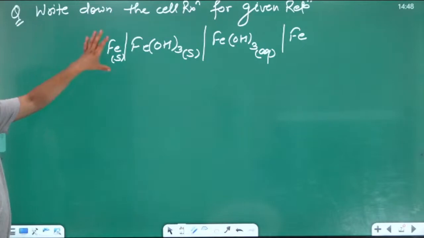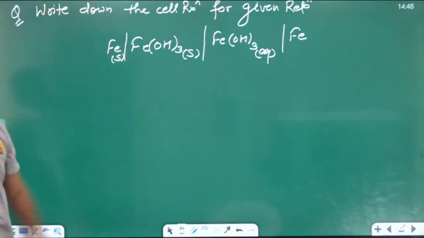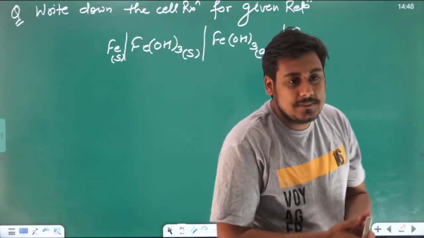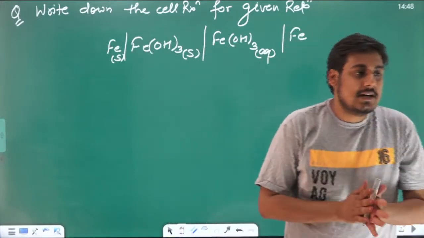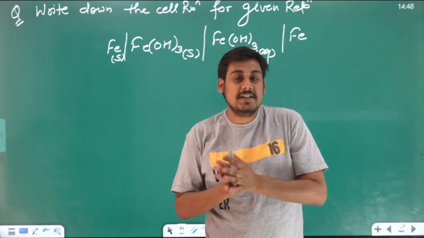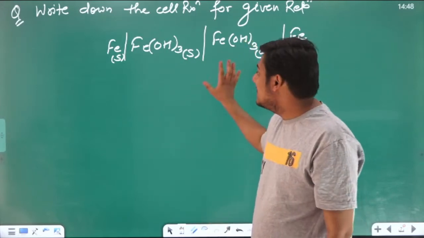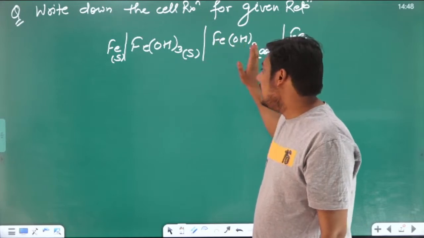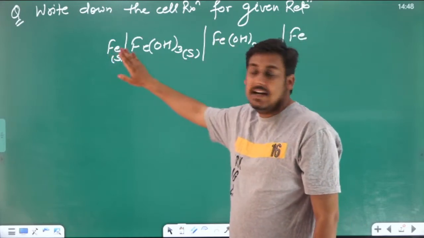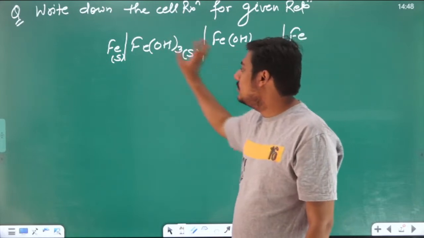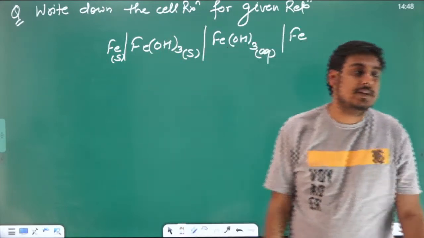Try to write down the cell reaction for this given representation. Try to write it down on your own. We'll give you some time, 1 to 2 minutes. First step will be, you have to break this aqueous system into ions. Then you will see a cation and anion. You just have to match the cation towards that side which is having a metal, and the anion to that side which is having a metal insoluble salt.